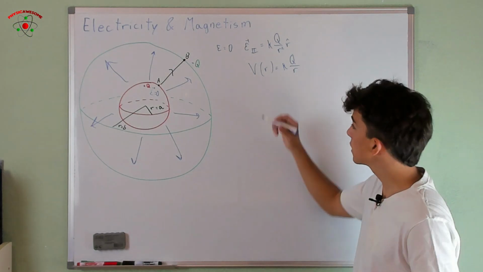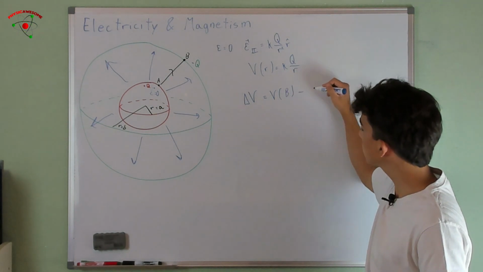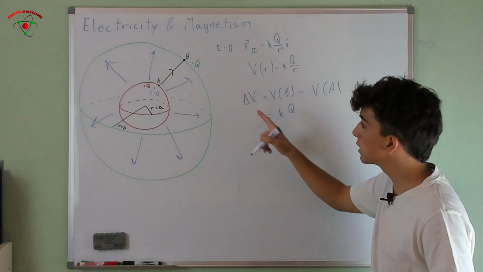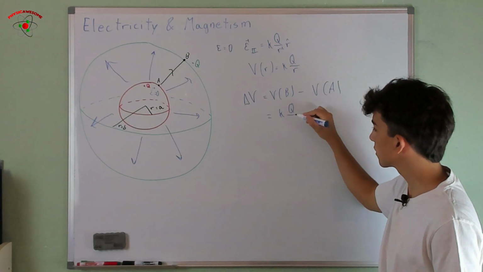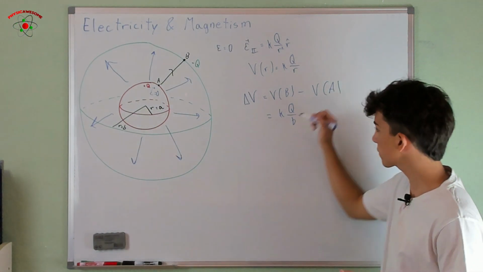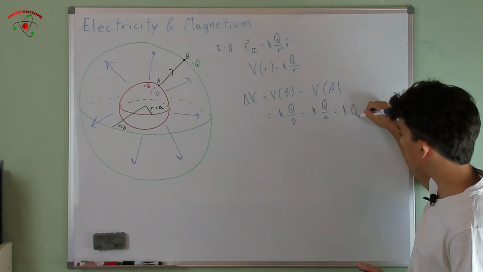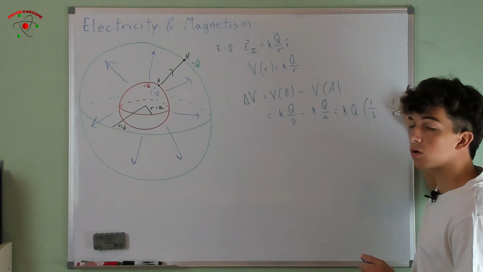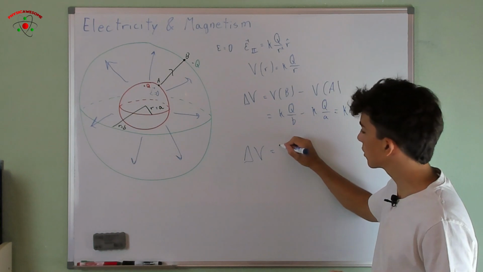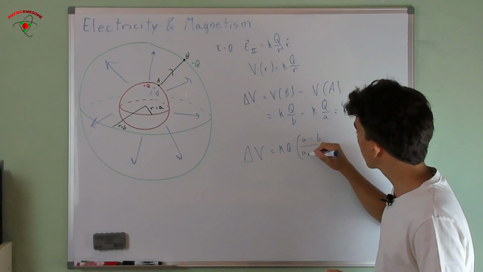Therefore, what we find is that the change in potential equals the potential at B minus the potential at A, which is KQ, the distance in this case is B, minus KQ, and the distance in that case is A. So we can take the common factor out, and we have 1 over B minus 1 over A. And we could calculate that and get that the change in potential is going to be equal to KQ of A minus B over AB.